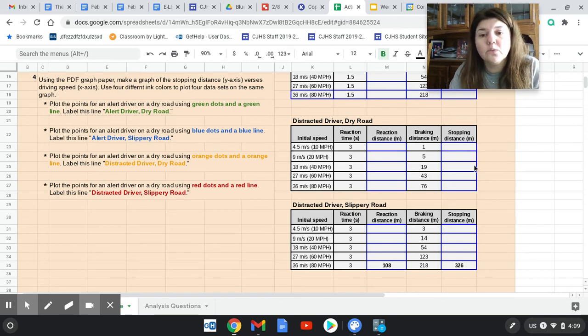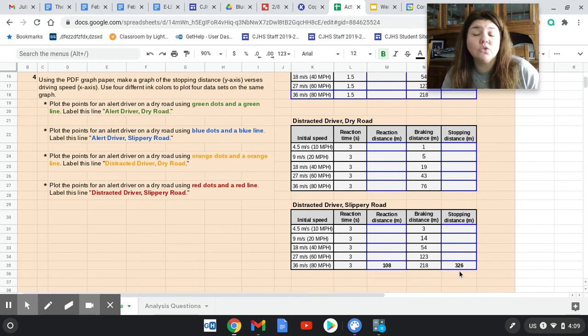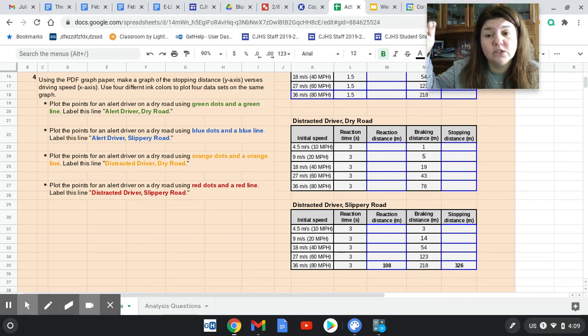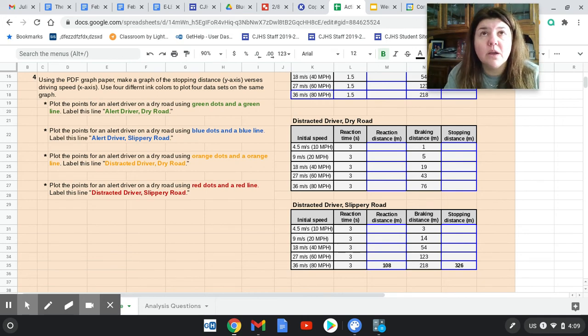And there's a reason why I did this last one with you, because hint, hint, wink, wink, nudge, nudge, 326 meters is the largest stopping distance. So we need to make sure that our y-axis goes all the way up to 326, but still in equal increments. Now, if you count those lines up, there are a total of 14 lines.